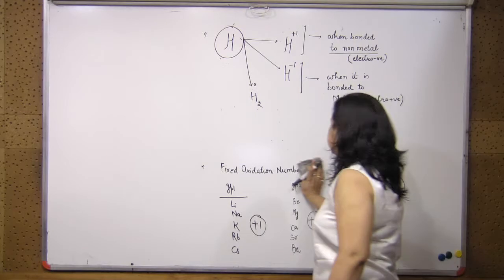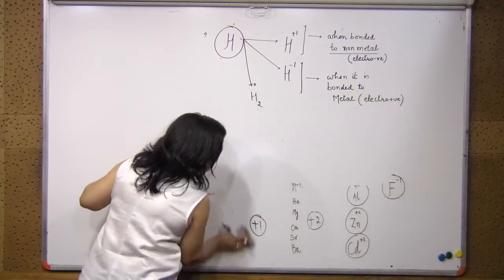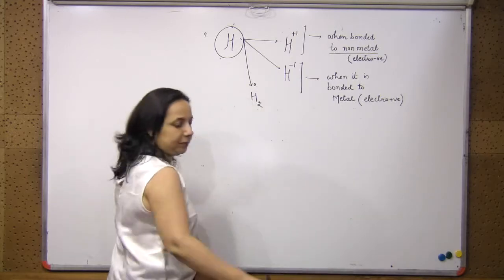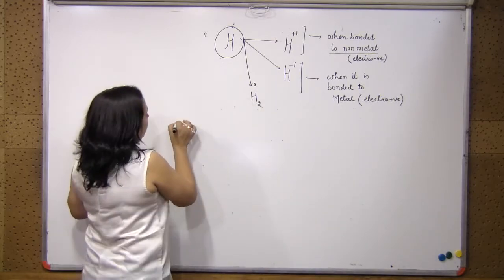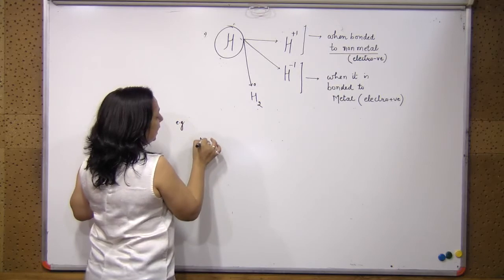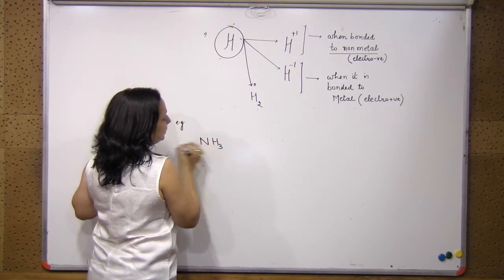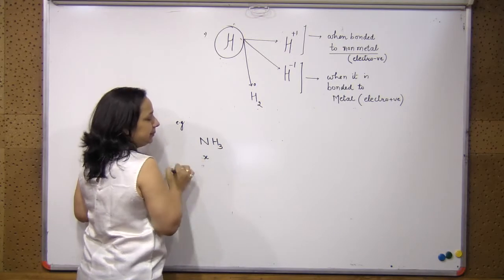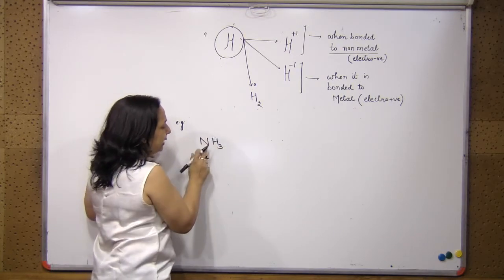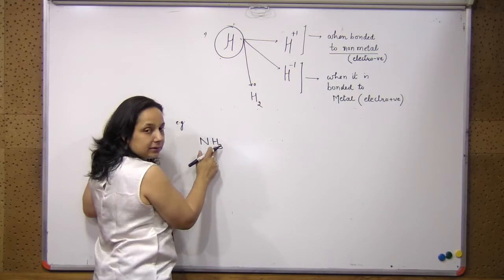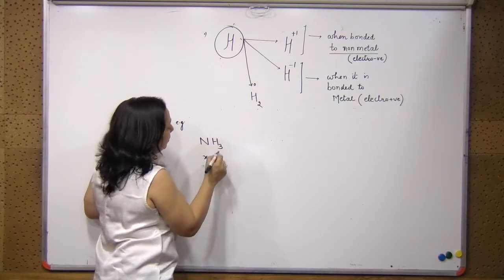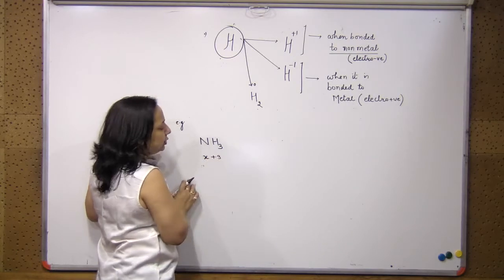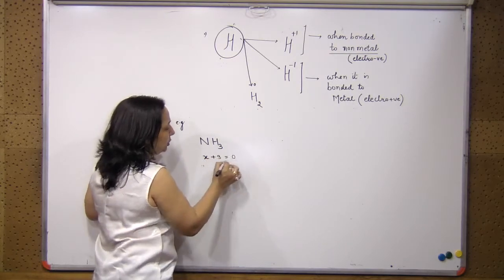For example, let's see some examples of hydrogen in which it can act as +1 or -1. For example, if it is written ammonia, here it is nitrogen X. Hydrogen here is bonded to a non-metal. When it is bonded to a non-metal, it's going to be +3 because 3 hydrogens are there, equal to 0.